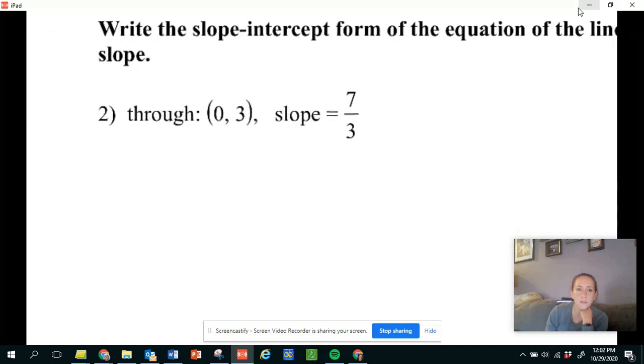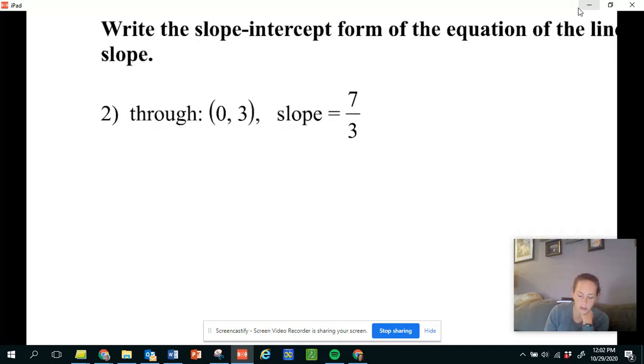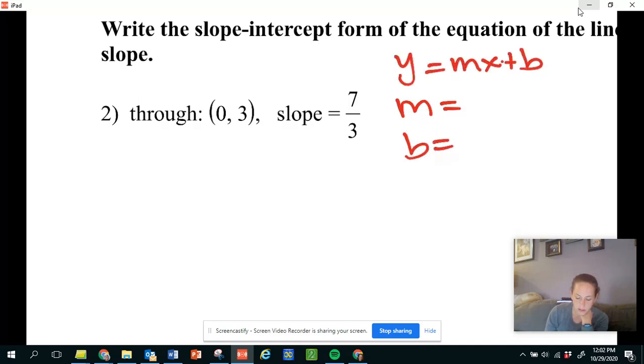Going from here, we're writing an equation again. So again, I need m and b to put it in y equals mx plus b. But they give me m, but I have to find b. So in this case, I'm going to solve. So I know that this is x and y and m.